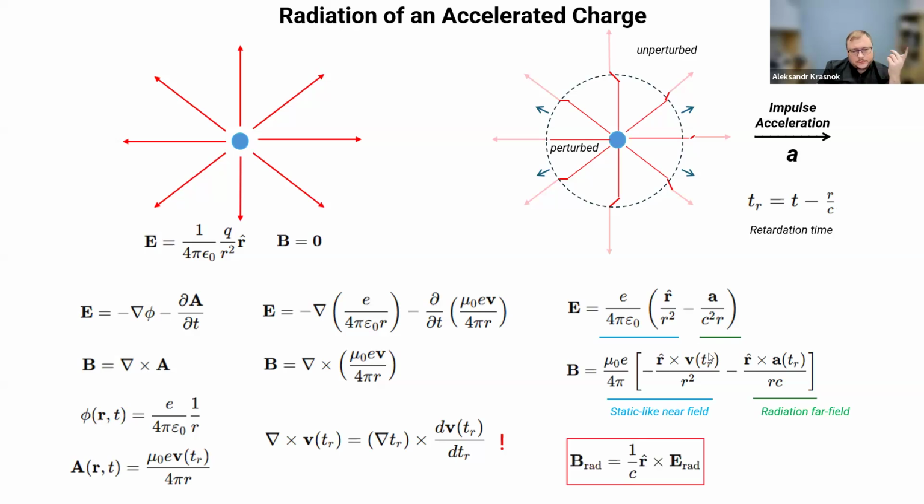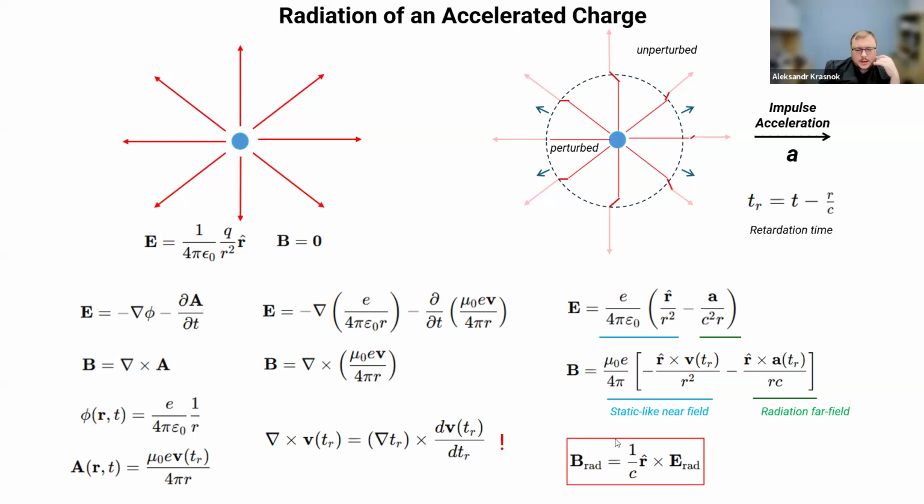All right. So also from these equations, we conclude that electric field and magnetic field of this radiated field are orthogonal.